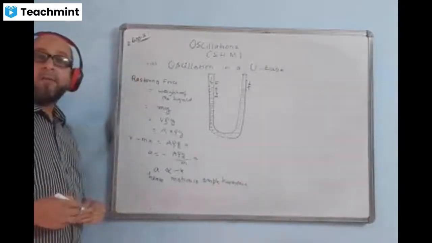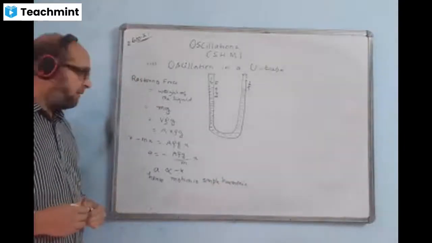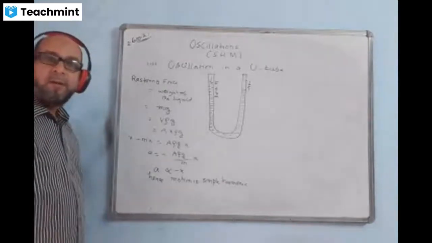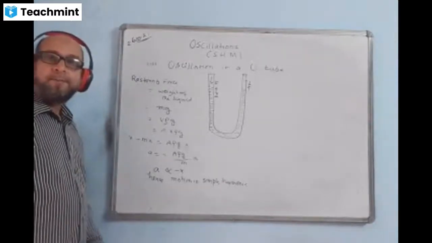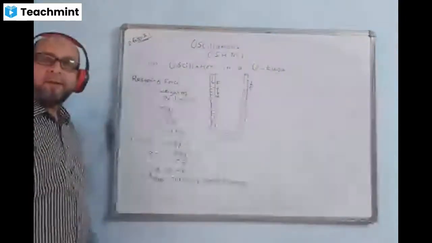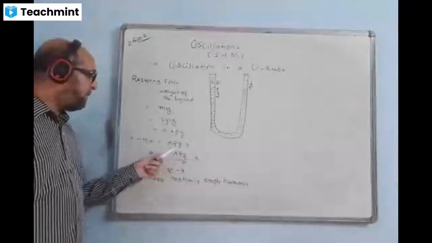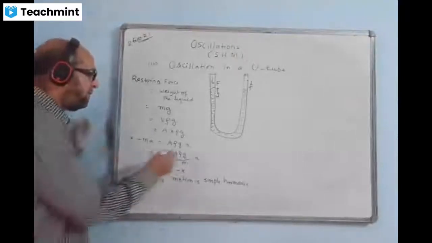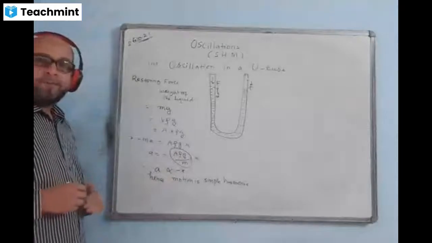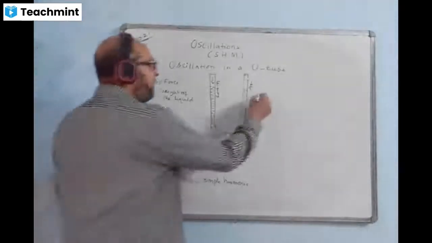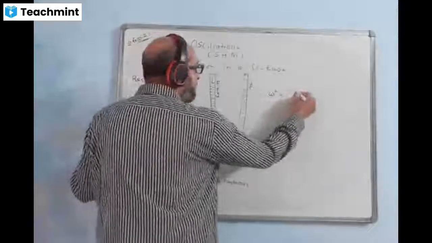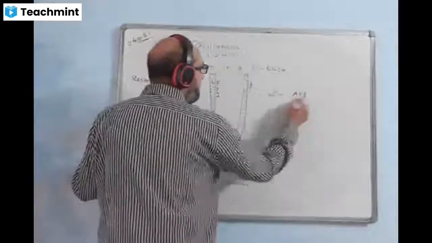Once the motion is simple harmonic, what do we do? We find the time period. What is the value of omega square? This entire part will be the value of omega square. Therefore, omega square is A rho g divided by m.